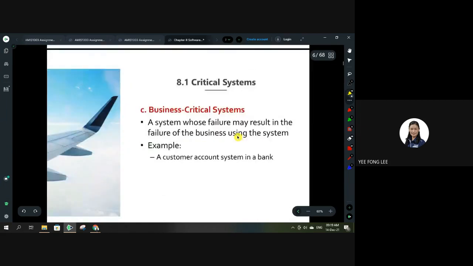How about business critical systems here? What's the keyword here? May result in the failure of the business using the system.